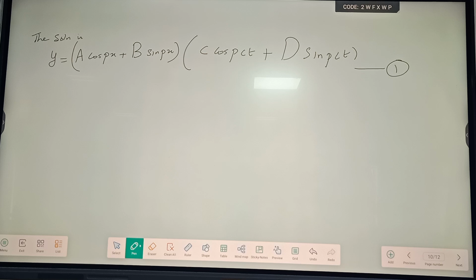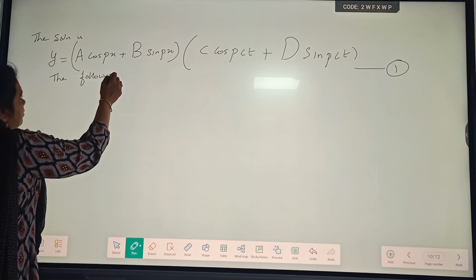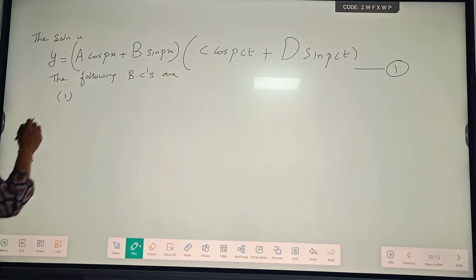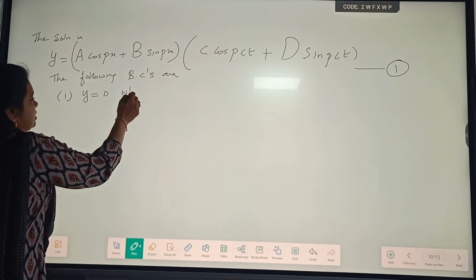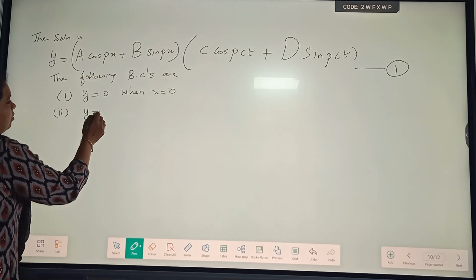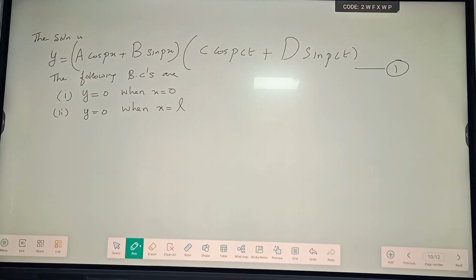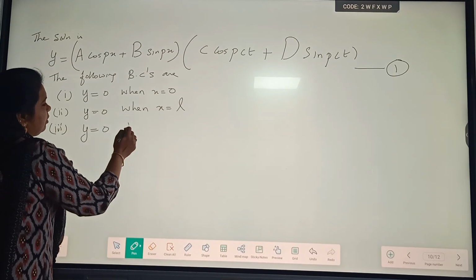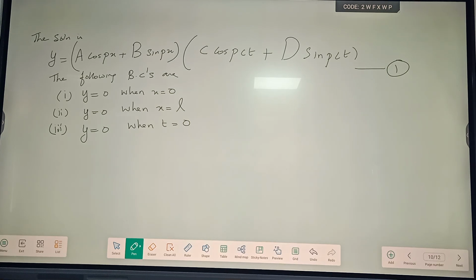What are the boundary conditions? One by one we should write. According to the question: y equal to 0 when x equal to 0. Y equal to 0 when x equal to L, the length given in the question. Third, y equal to 0 when t equal to 0, because the value given in the problem is 0.